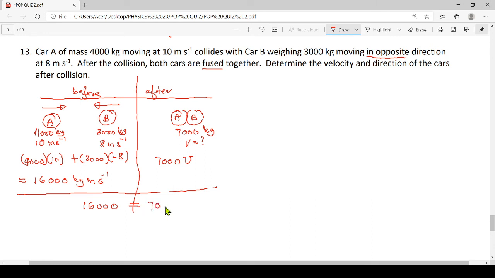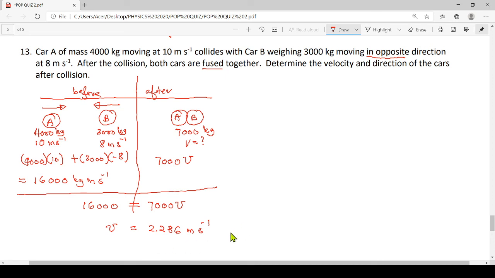So calculate what V is. If you do the calculation right, you shall get the answer 2.286 meter per second.